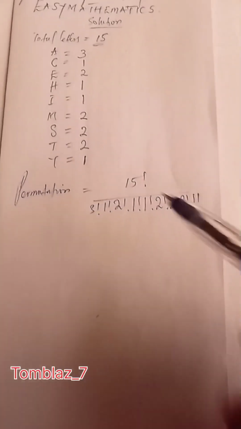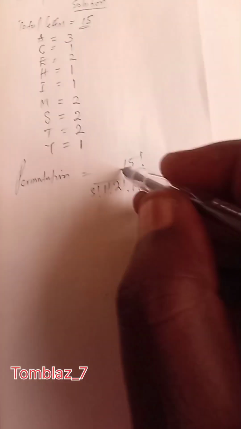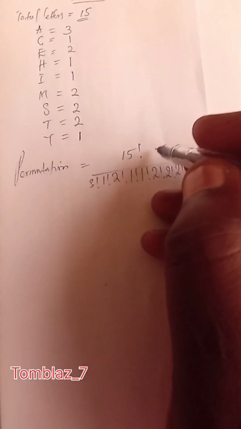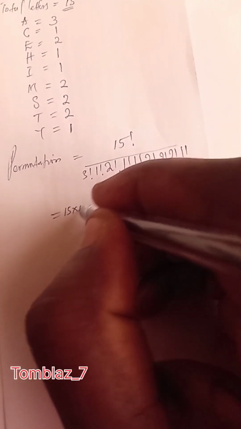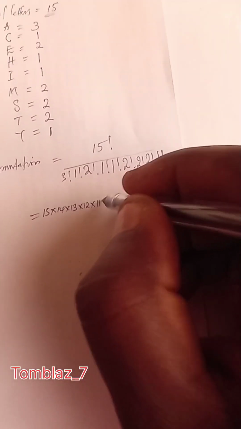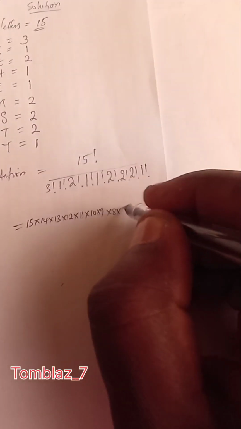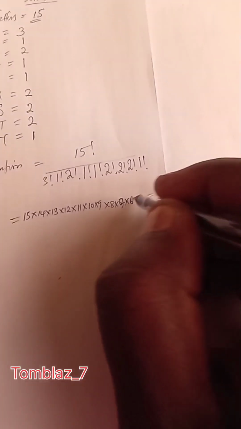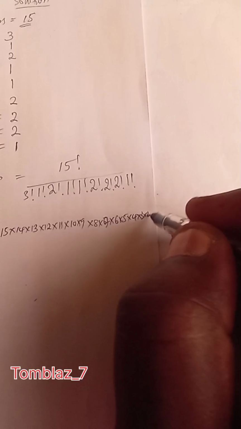Okay, so now what is even the factorial? Factorial is like you want to multiply these numbers based on their decreasing order. 15 factorial will be written this way: 15 times 14 times 13 times 12 times 11 times 10 times 9 times 8 times 7 times 6 times 5 times 4 times 3 times 2 times 1.